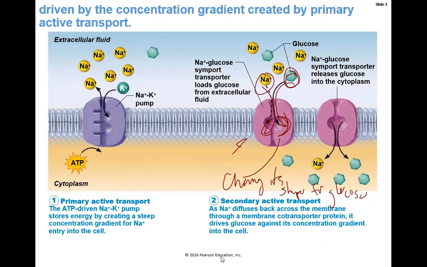Maybe we're not running at excessively high levels of sugar, but we still have more sugar that wants to come in. We have more sodium. Is sodium maybe piggybacking the sugar with it? So just something to keep in mind. Secondary active transport doesn't use any additional ATP, but it's another way to get sodiums and glucoses into the cell.